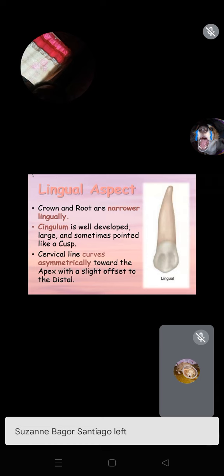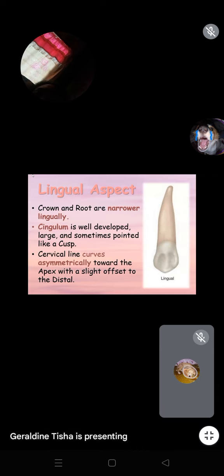Stop. There is a lot of information in your modules, but you are not including it in your report. Compared to centrals, canines have more complex anatomy than that of the central and the lateral.